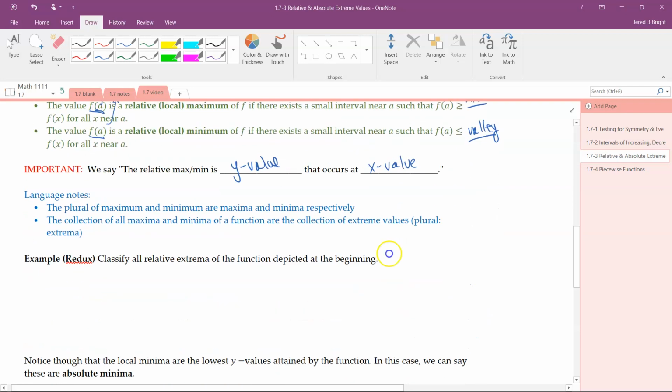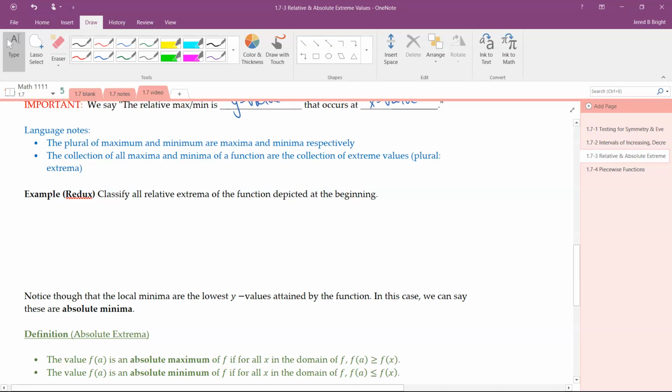So let's get the language going here. I would say that we have a local, or I'm going to use local. If you want to use relative, that's fine. Local minimum of -1. That's the y value at x equal to -1. And I just put the x in there so I can wrap my head around it a little bit easier and know where the x's and y's go.